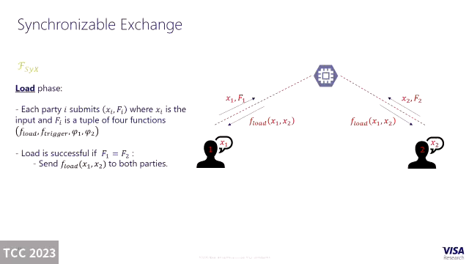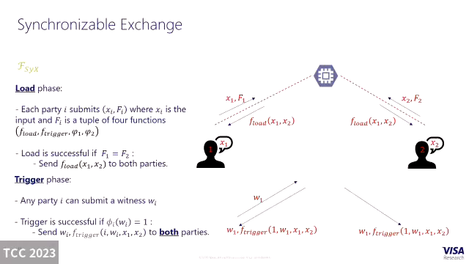Then the functionality proceeds to the second phase. In the second phase, called the trigger phase, either party can submit a witness w_i for the predicate phi_i. If phi_i applied to w_i equals 1, then the trigger phase is successful and both parties receive the witness w_i as well as the trigger function applied to i, w_i, x_1, and x_2.